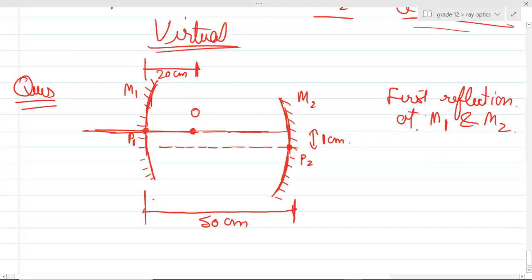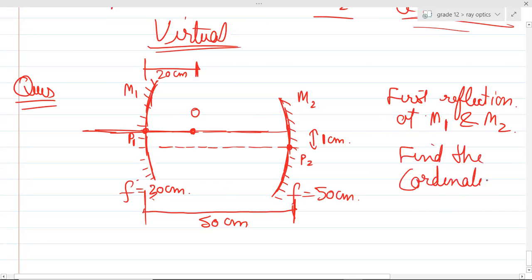Now the question is, if the focal length of the first mirror is, let's say, 30 centimeter, and the focal length of the second is 50 centimeter, then find the coordinates of the final image after two successive reflections.